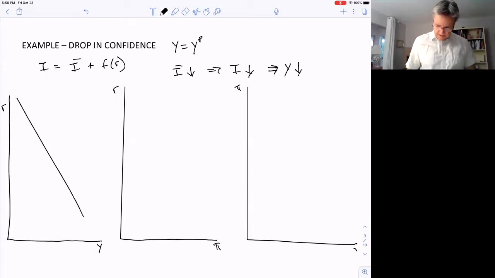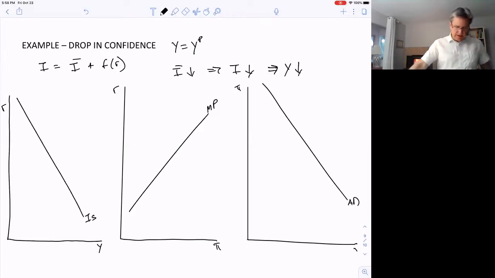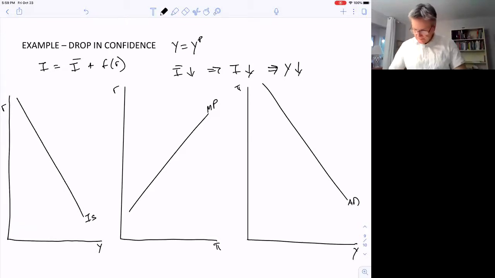And we have this downward sloping IS curve, upward sloping MP curve, and downward sloping aggregate demand curve. Okay, and we're at potential.